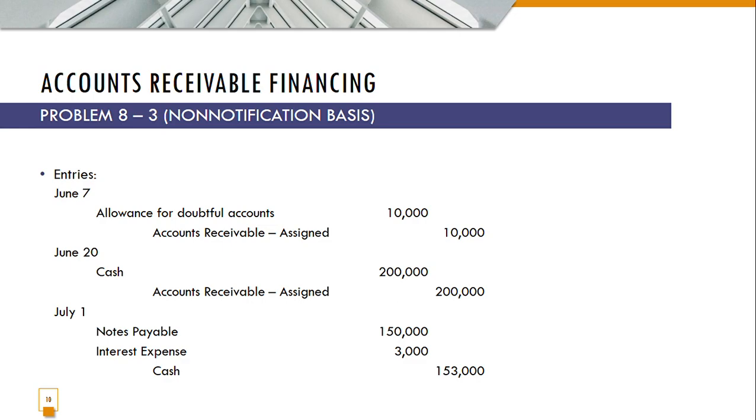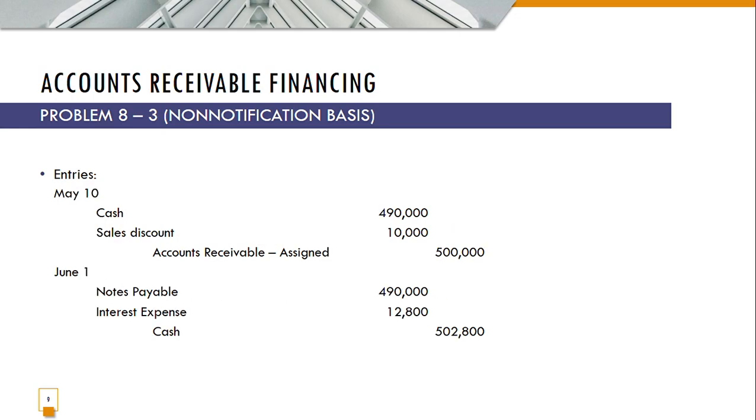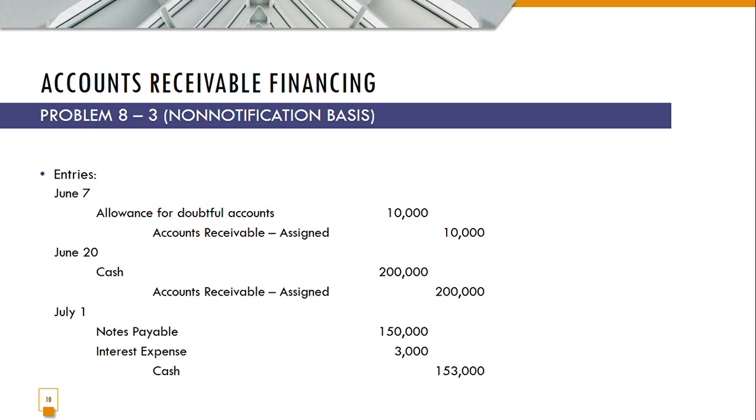So 3,000 because you've already paid 490,000 out of the 640,000 payable. So 640 minus 490, that's 150,000 remaining, times 2%, that's 3,000 interest. And you close notes payable 150,000, so that's why you only need to remit 153,000 pesos.